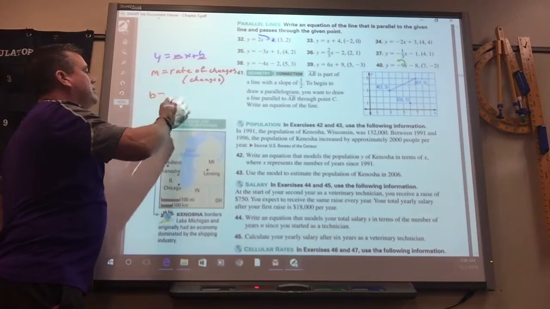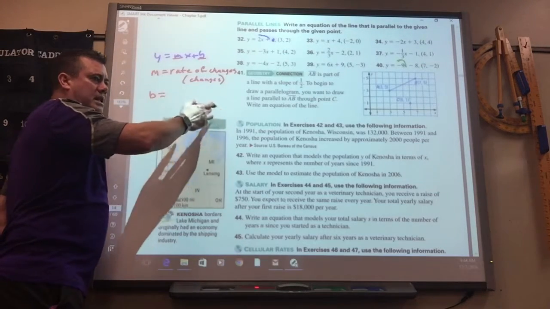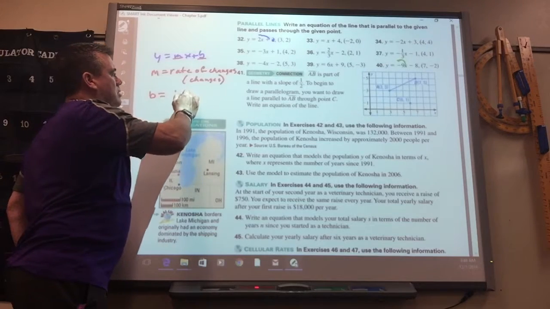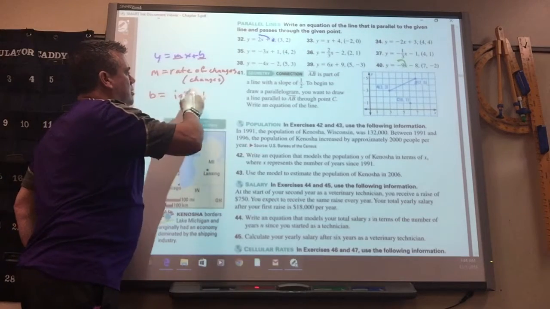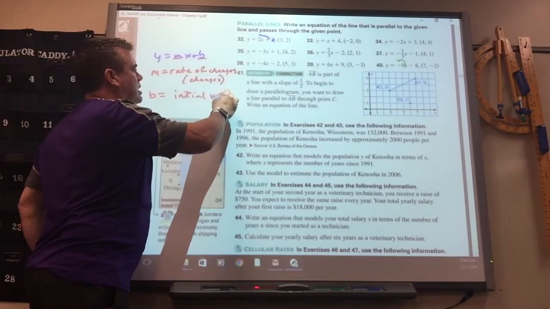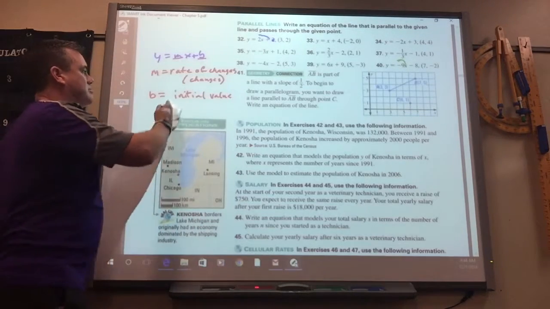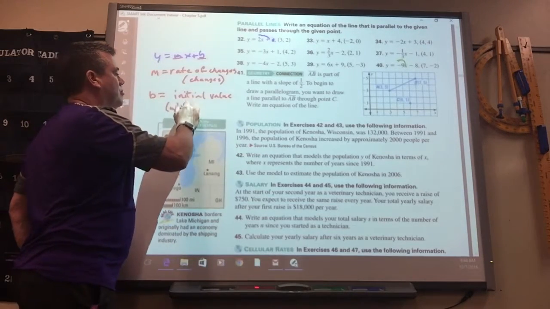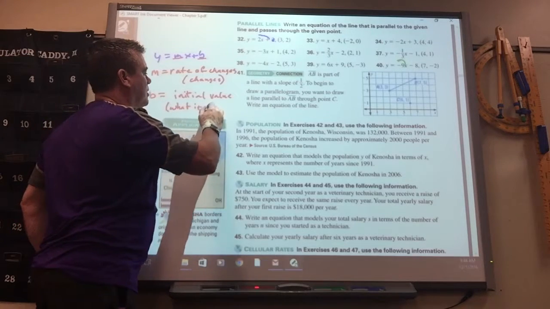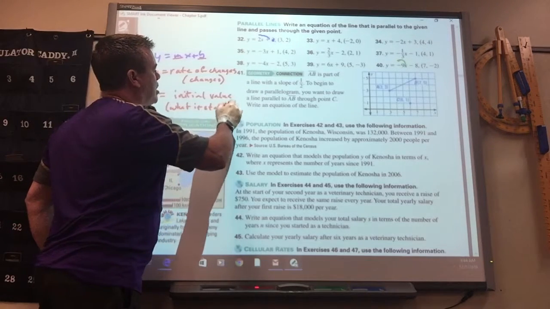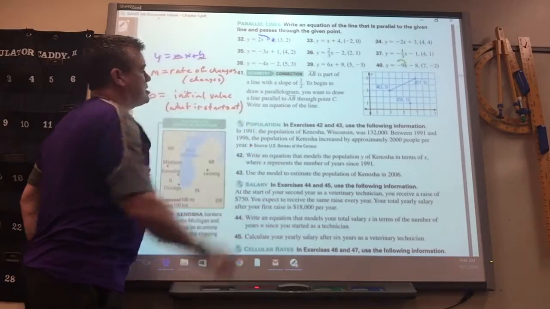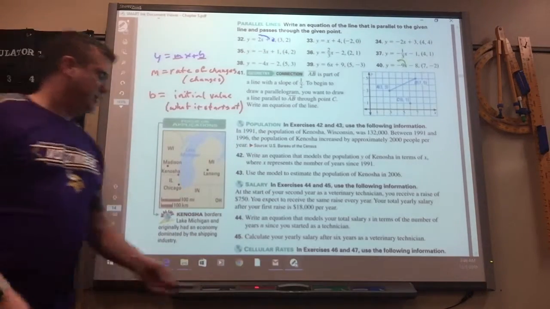And the b is the initial value. It's the starting, what it starts at. Sometimes they come out and tell you, sometimes you got to figure it out.